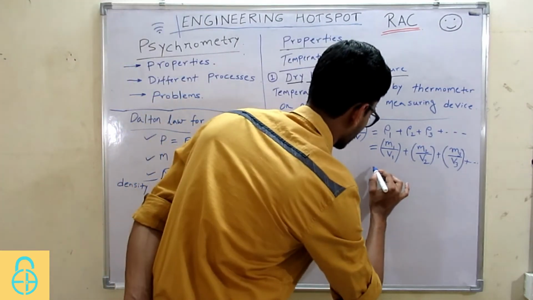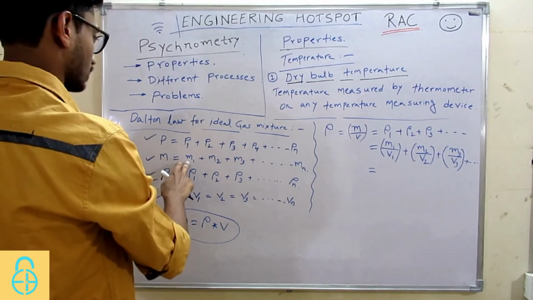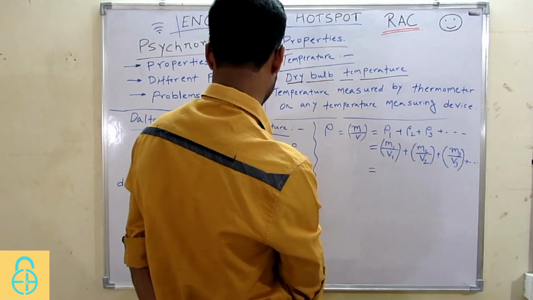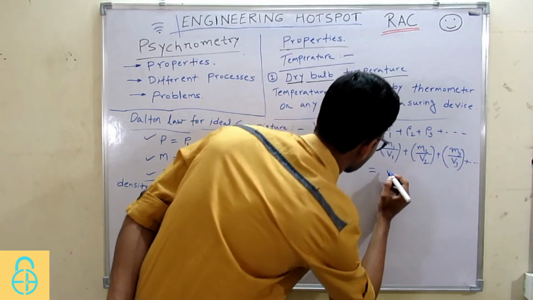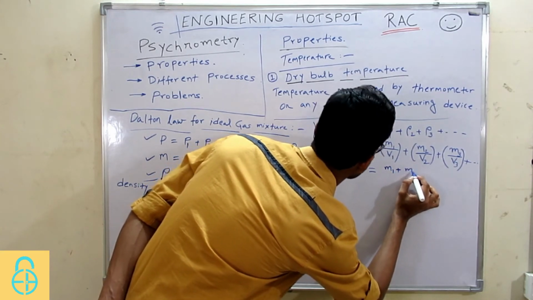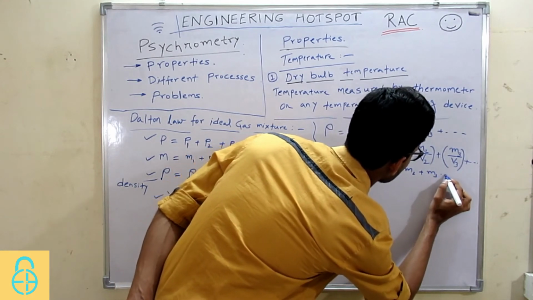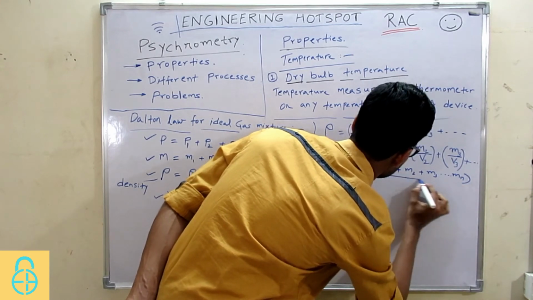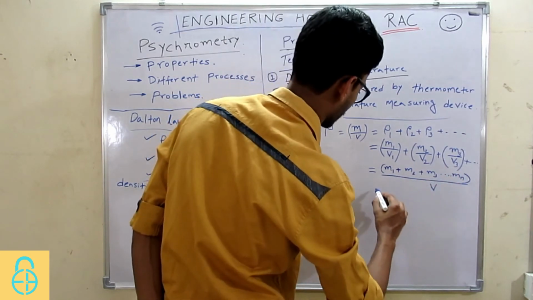Now, you know this mass and this volume will remain the same, because v1 is equal to v2 is equal to all are equal to v only. So changing it, m1 plus m2 plus m3, this goes on till mn, divided by v. And the sum of all this is what?